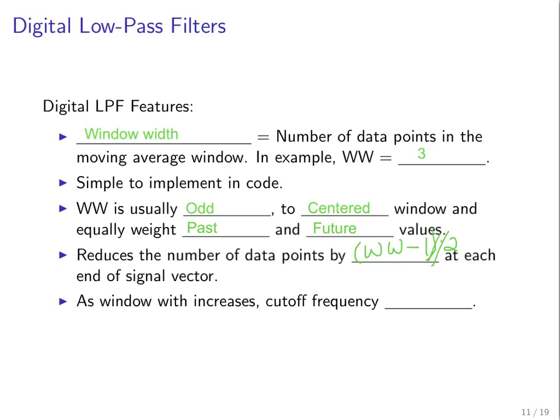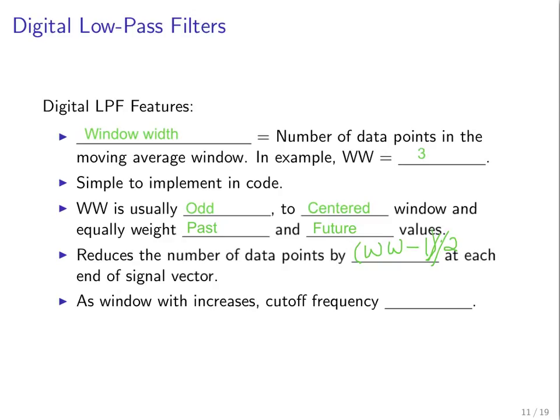So you're going to lose this many samples at each end, and that's just because the first valid output sample that we can actually calculate has to have at least window width samples in the calculation, and you can't do that right at the first index of the signal.